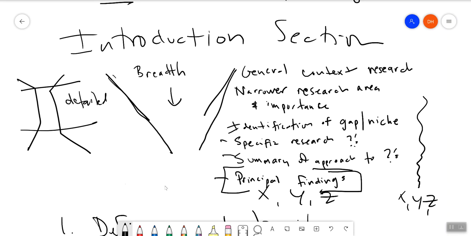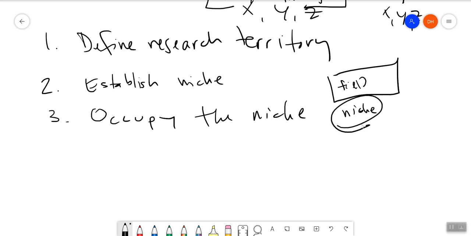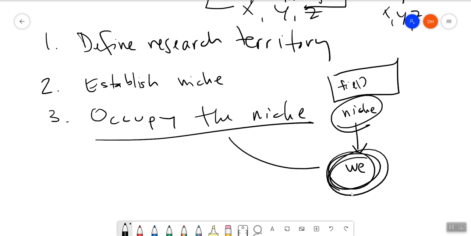That's the introduction. So what you're doing is you're defining a specific research territory. You're saying, here's what exists in this field, whatever field it is. You establish the niche or gap. You say there have been no studies done on this topic. So therefore, we are the ones occupying the niche. We are the ones who are going to solve this problem.